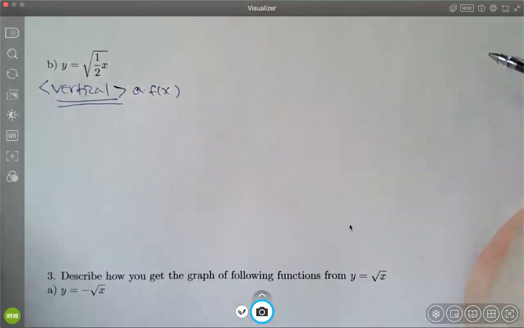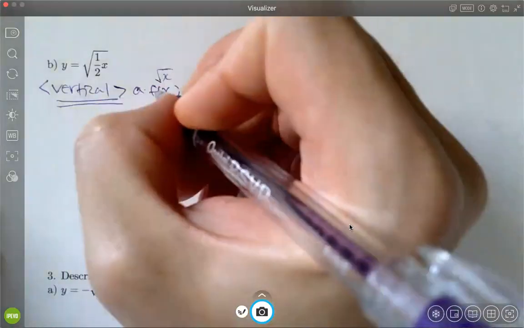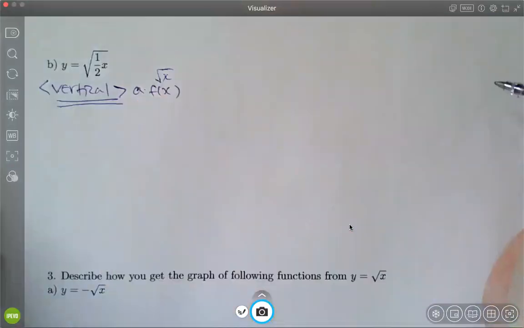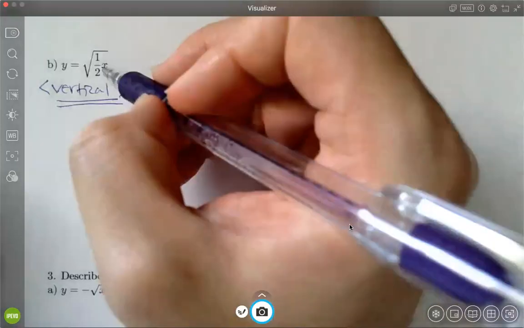It's not 1, because it's square root of x for the f of x, and if it were 1, we would have just square root of x. So what seems to be this number? 1/2, right? Because that's what's been multiplied, right?